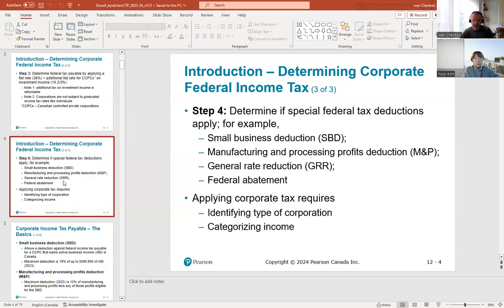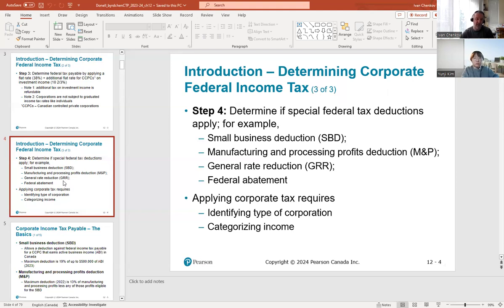Now, in step 4, we're going to determine if there are any special federal tax deductions, which might be the small business deduction, the manufacturing and processing profits deduction, the general rate reduction, and the federal abatement.